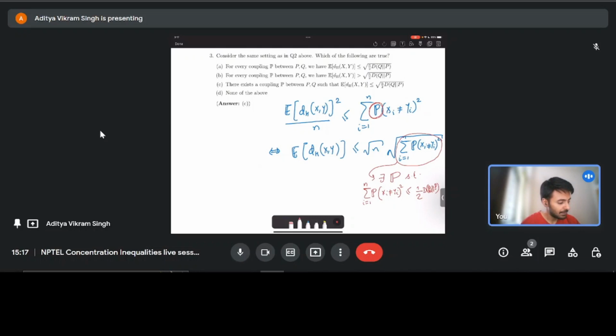P here is the independent thing, so x1 to xn are from P, and Q is something which is absolutely continuous with respect to P. So this is the order in which we take the KL divergence.